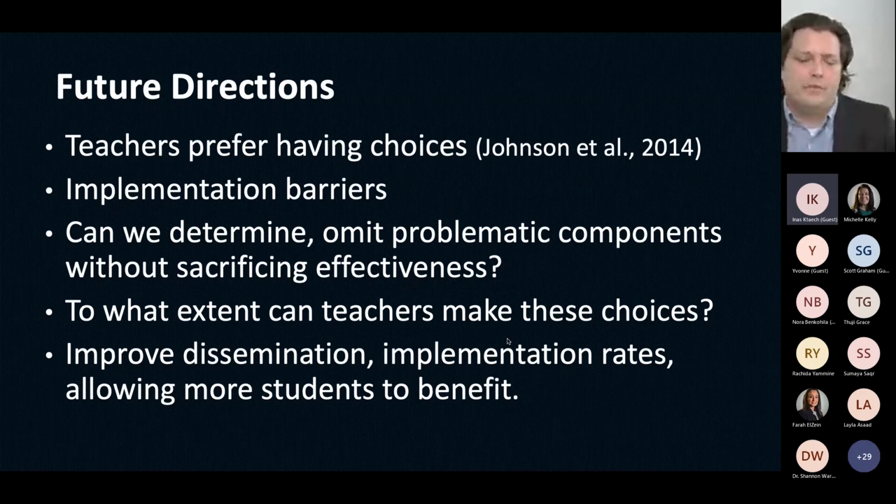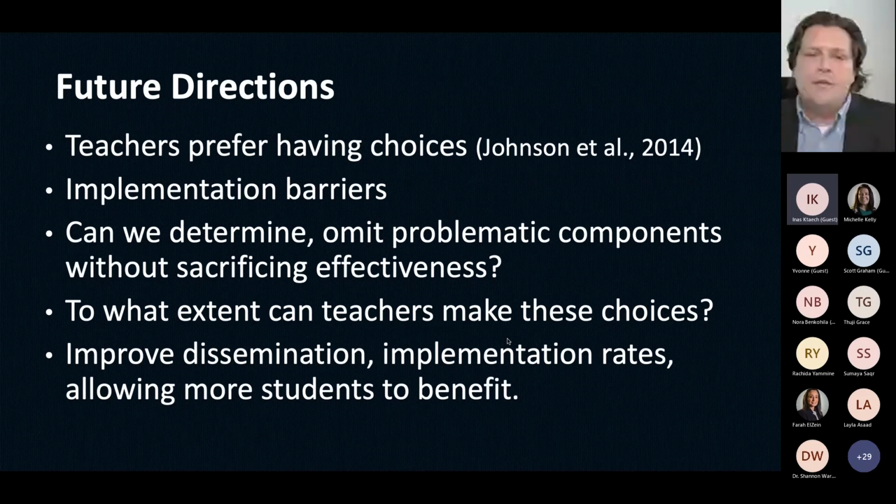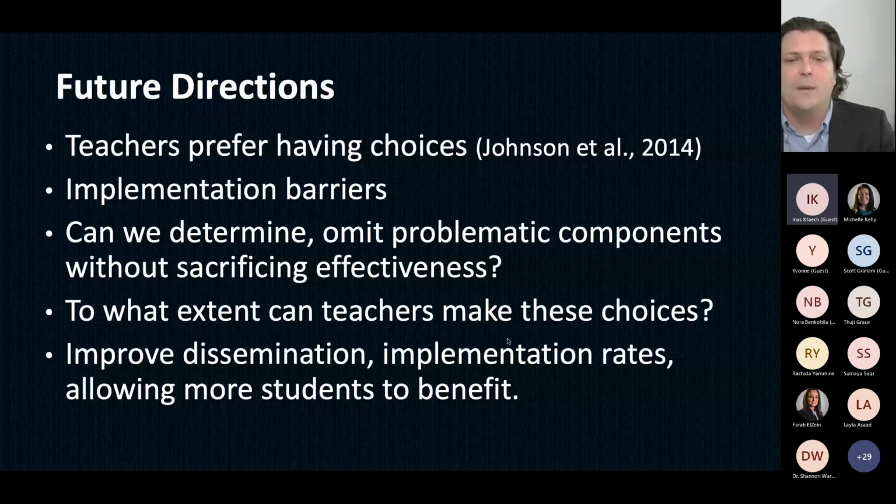And so just to talk about a few future directions for research, we know that teachers prefer having choices. There's been quite a bit of research in this area that indicates that if you present options to a teacher and they pick one that they like and implement, there's a greater likelihood that they'll continue to implement that intervention.